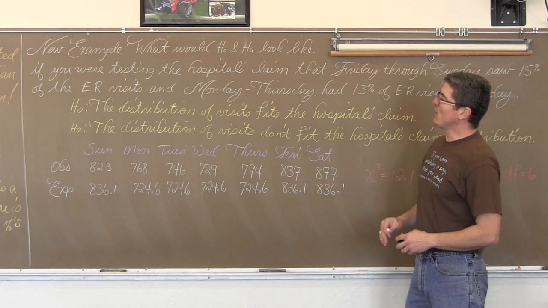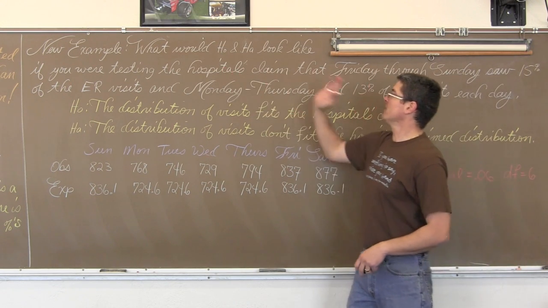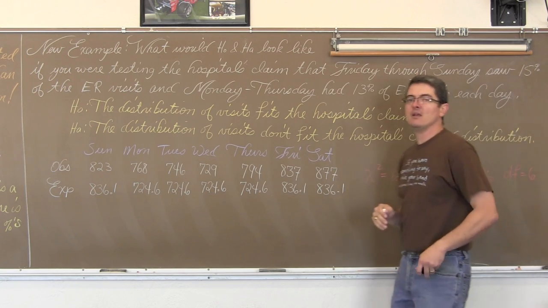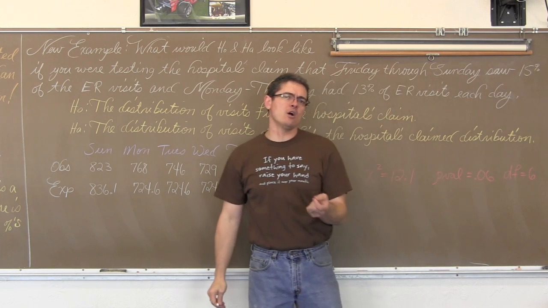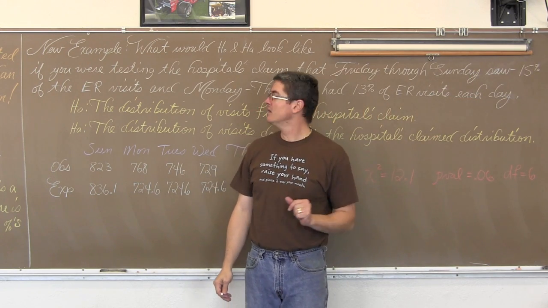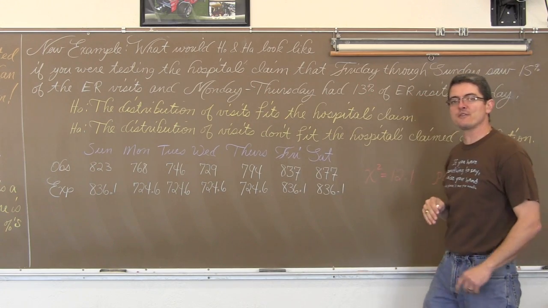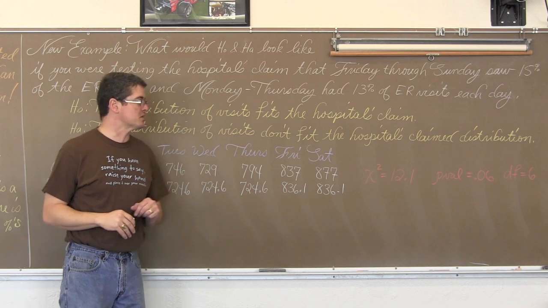What would H sub O and H sub A look like if your example said the hospital claims that Friday through Sunday, we observe 15% of all of our ER visits on the individual days, and then on Monday through Thursday, we observe 13% of all of our ER visits on those individual days?